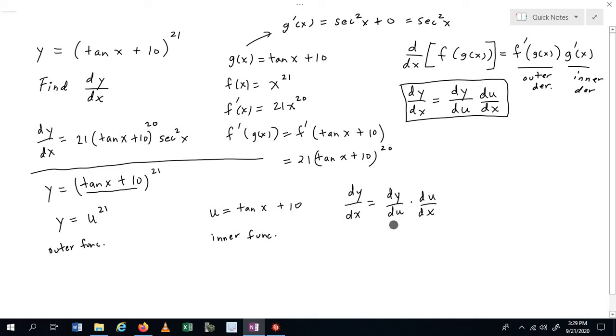Okay, well, what's dy du? The derivative of y with respect to u would be 21u raised to the 20th, using the power rule. And then du dx would be the derivative of this function with respect to x, and of course that's just secant squared.